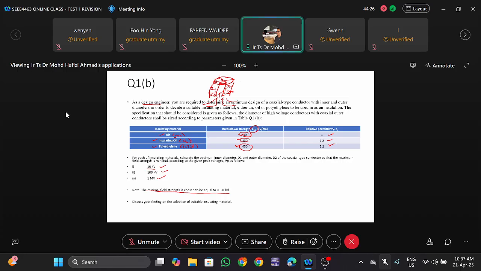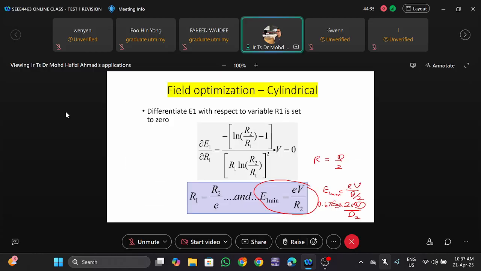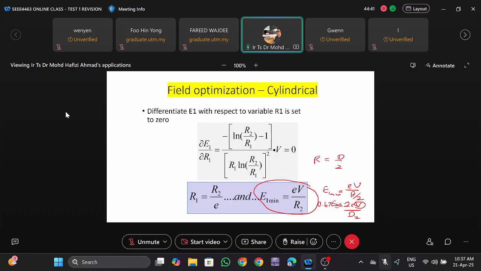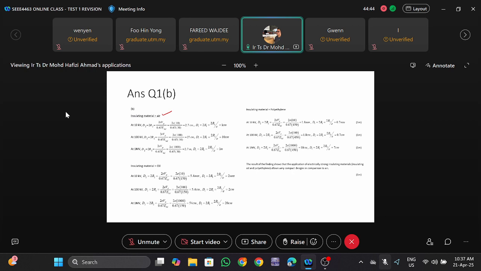With air as the insulation between the gap of the D2 and D1 electrodes, as we know the breakdown strength of air is smaller compared to oil and polyethylene. Then, according to these equations, we need to know what D2 is.